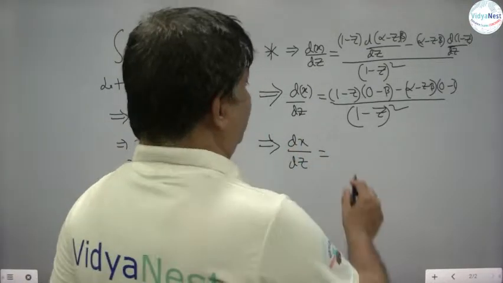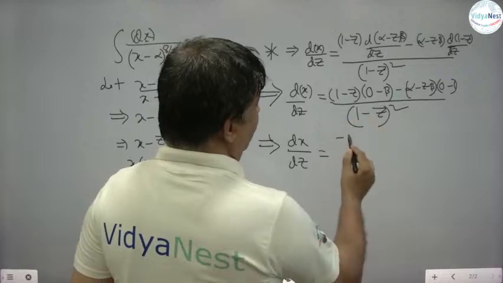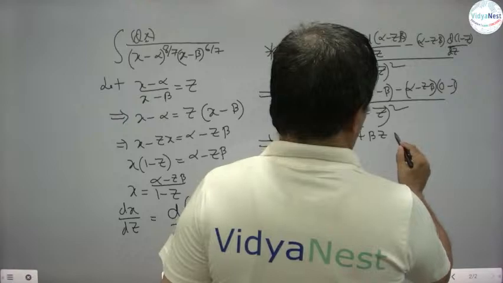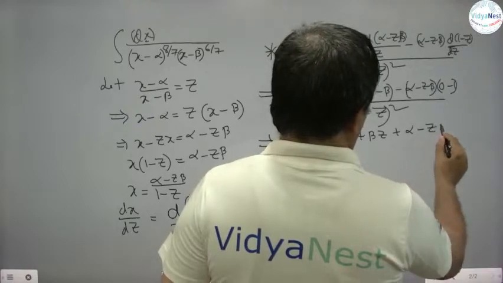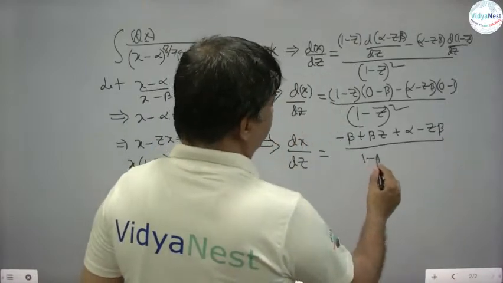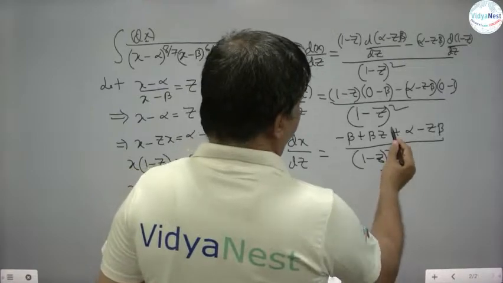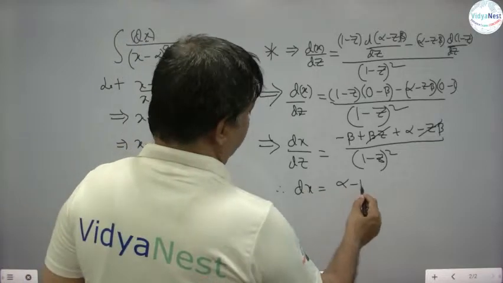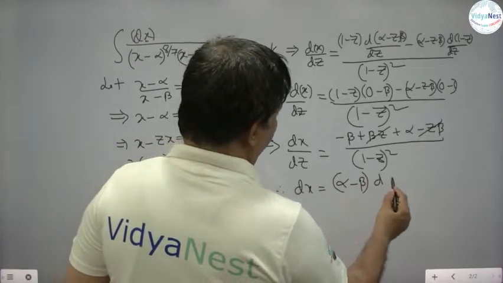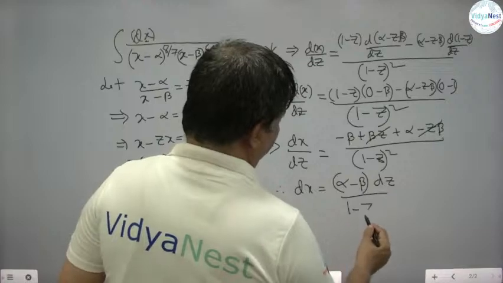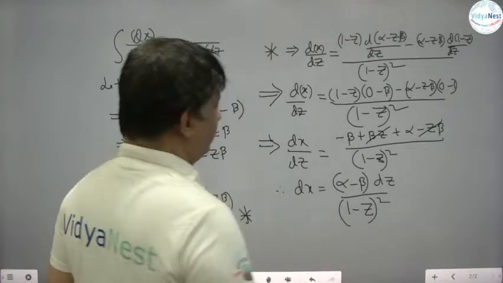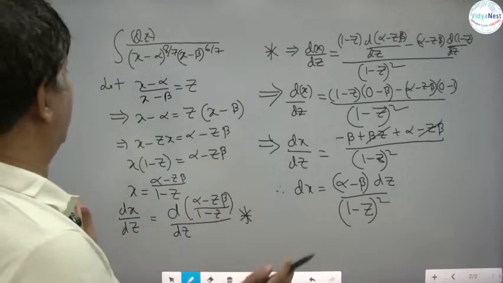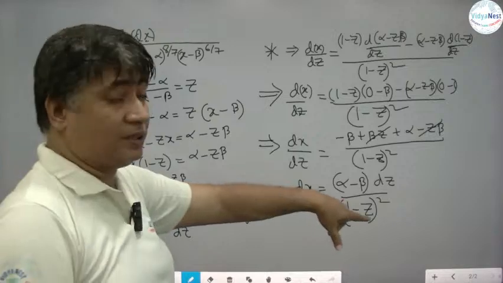Calculation mistake can take place. Minus beta z plus alpha minus z beta. Cancel. So dx is what? This. So we have found the value for converting dx into this dz.